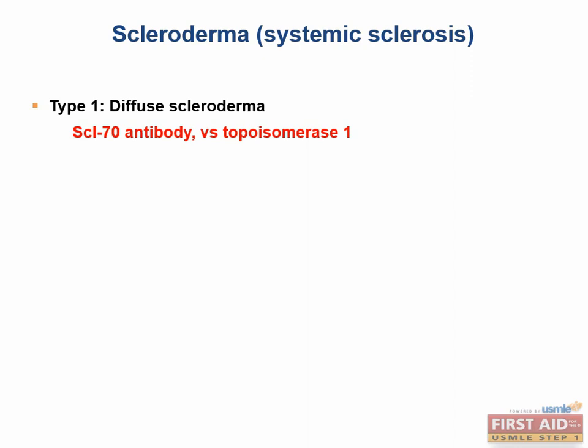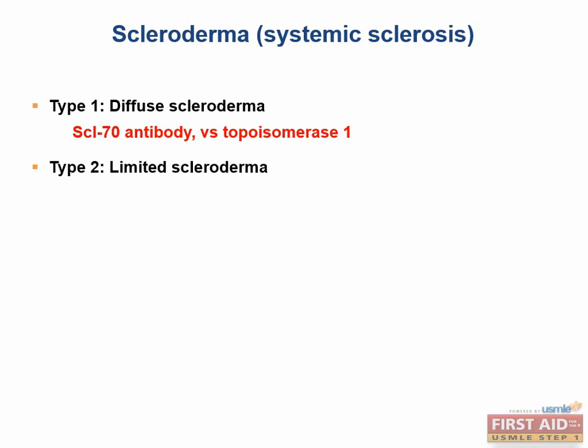Do you recall what topoisomerase 1 does? Relaxes supercoiled DNA by cutting one strand and then reannealing it. So what does topoisomerase 2 do? It cuts both strands of the supercoiled DNA helix simultaneously.